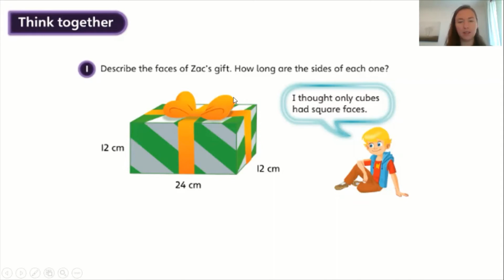And in fact, the 4 faces that go around the middle are all the same, 12 centimeters by 24 centimeters, which makes them rectangular. Because this shape has matching faces on either end, they are the same. If I slice this shape down the middle, then I would have the exact same face appearing in the middle too, and on the end of each of the shapes.